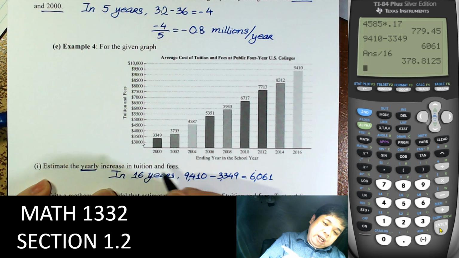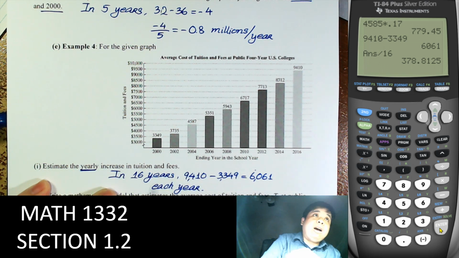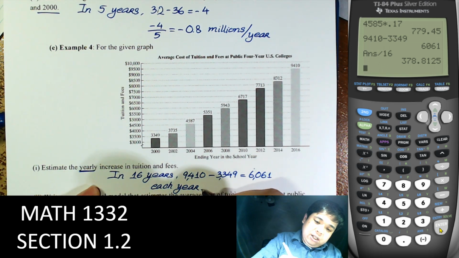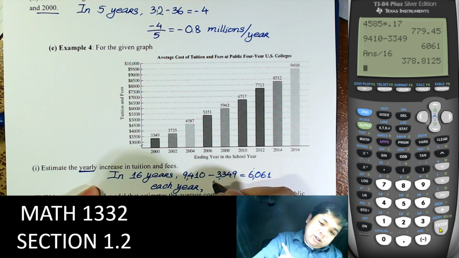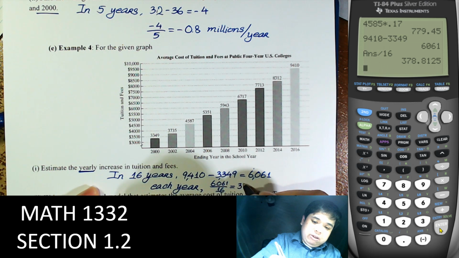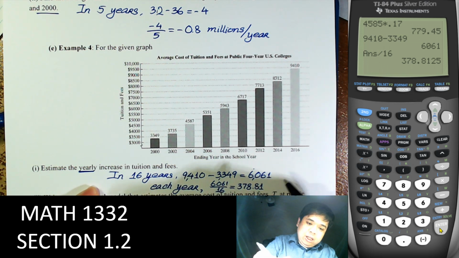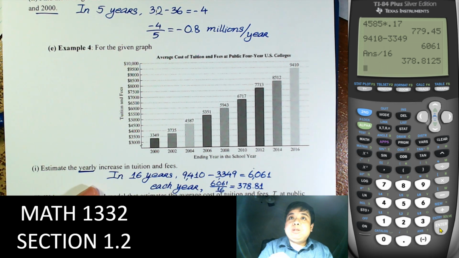So each year we have that divided by 16. So we have, I'm just going to say, 378.81. So each year it is increased by this much.